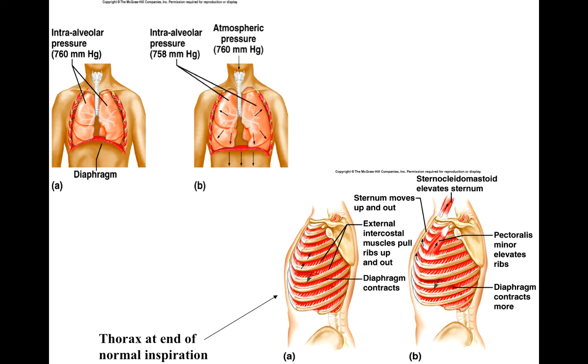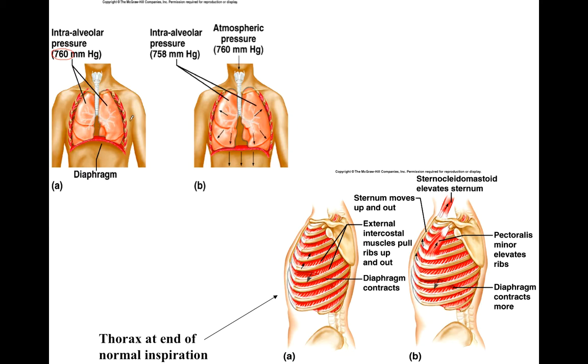So that's this number right here. Also, air is going to move from an area of high pressure to an area of low pressure. So the lungs at rest are 760 millimeters of mercury, just like the outside air pressure.